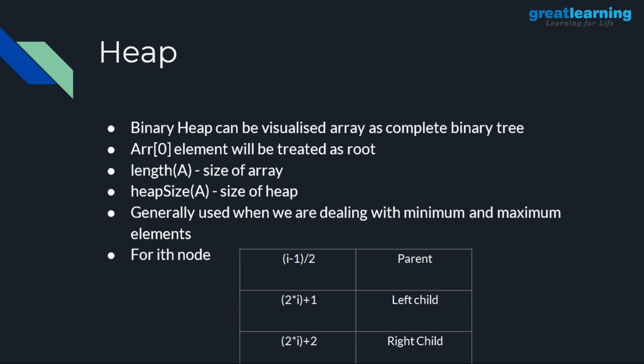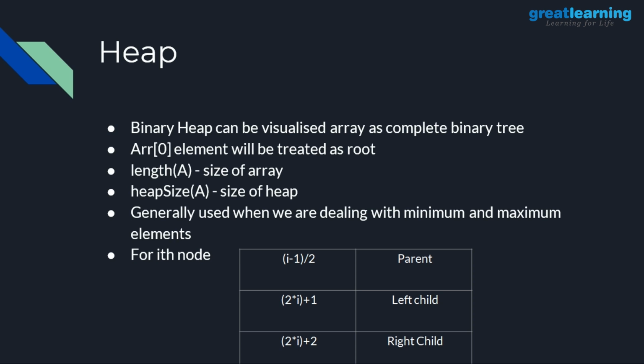If the index of this third element is 2, we multiply 2 by the index 2, that is 4, plus 1, 5. So the fifth-indexed element will be its left child. And for the right child, 2 times 2 is 4, plus 2, that is 6. So the element at the 6th index will be its right child.